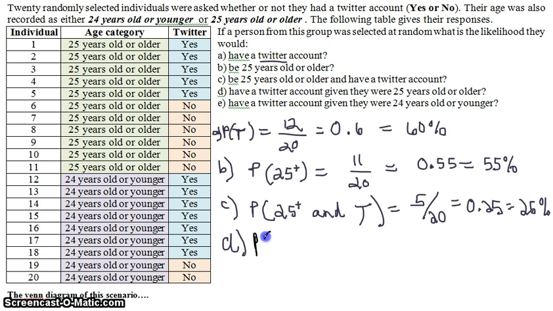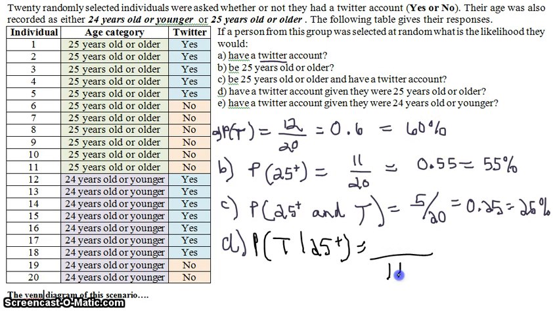So what this means is the probability of Twitter given 25 or older is equal to, then in my denominator, this is the biggest difference. This is the biggest change in a conditional distribution, is that now I don't have the entire sample space. I don't care about all of the 20 people. I only care about the 11 in my given sample, because I already know that somebody is 25 years old or older.